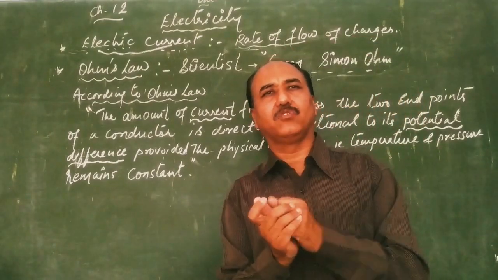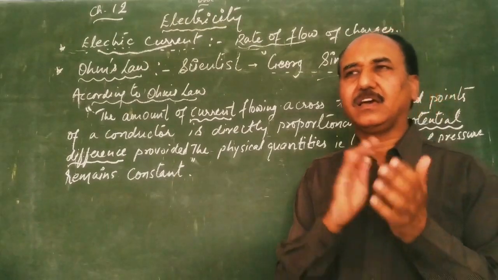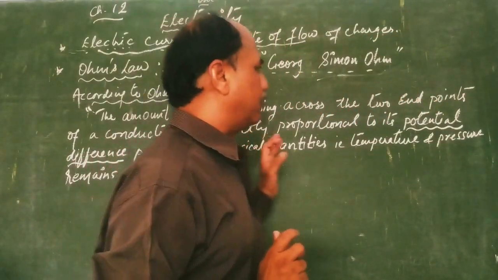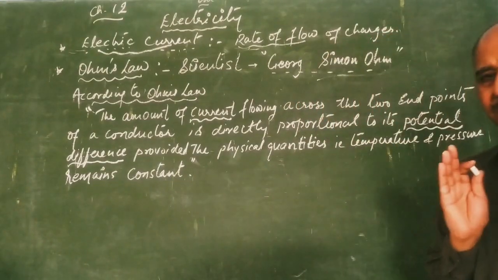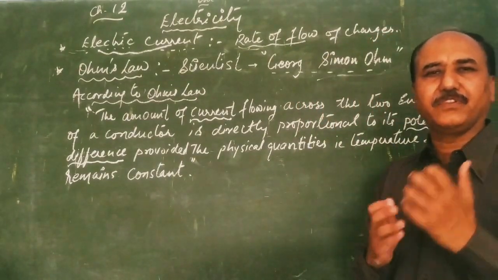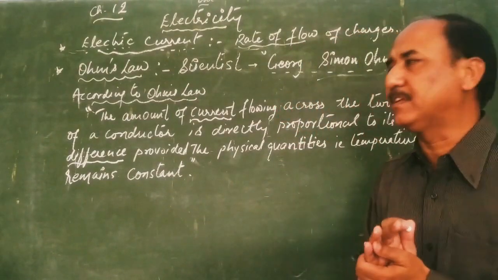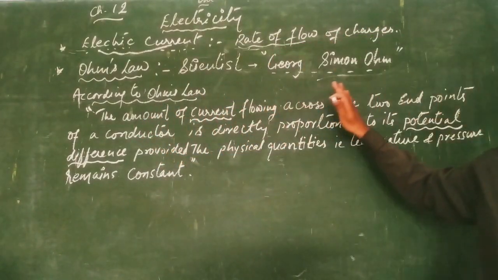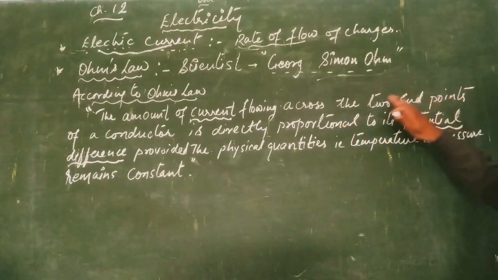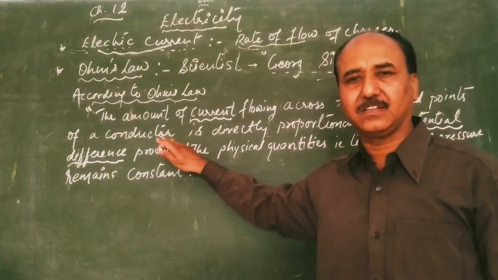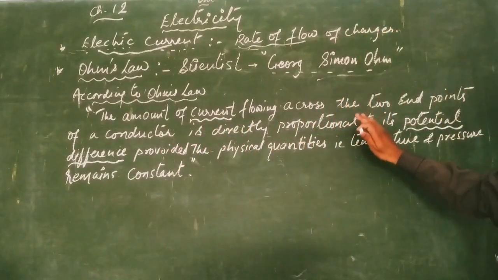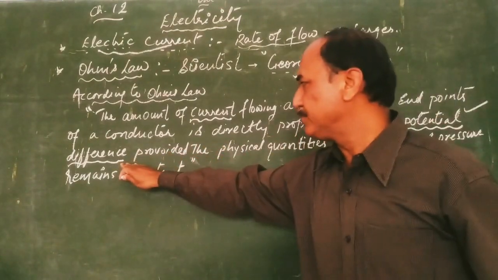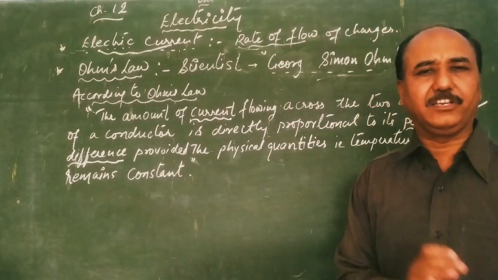V is the symbol we use for the potential difference and I is the amount of current flowing through it. According to Ohm's law, the statement is: the amount of current flowing across the endpoints of a conductor is directly proportional to its potential difference, provided there is a condition.